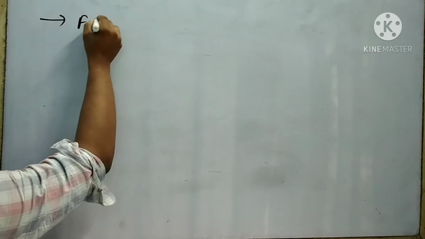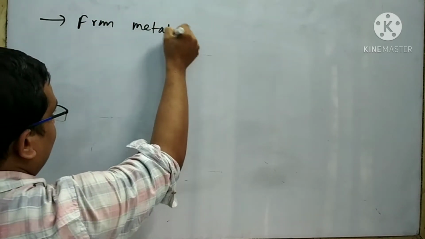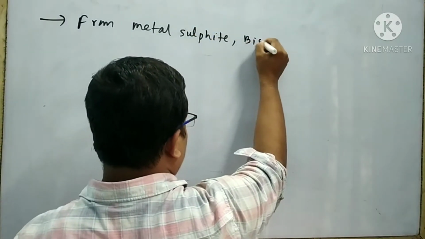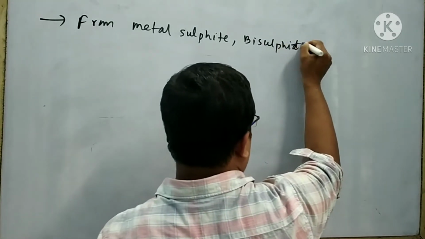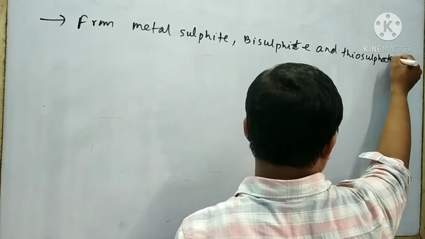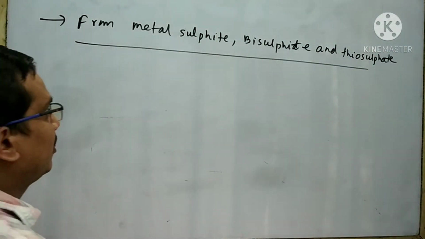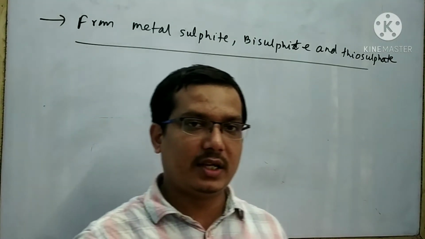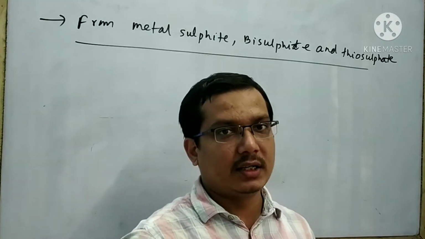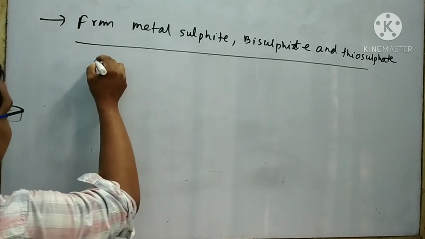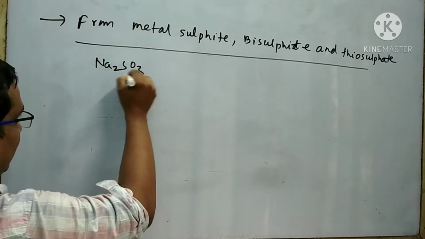Next method of preparation of sulfur dioxide is from metal sulfide, bisulfite and thiosulfate. When metal sulfide, bisulfite and thiosulfate are treated with acid, then sulfur dioxide gas is formed. Suppose I take a metal sulfide, sodium sulfide.